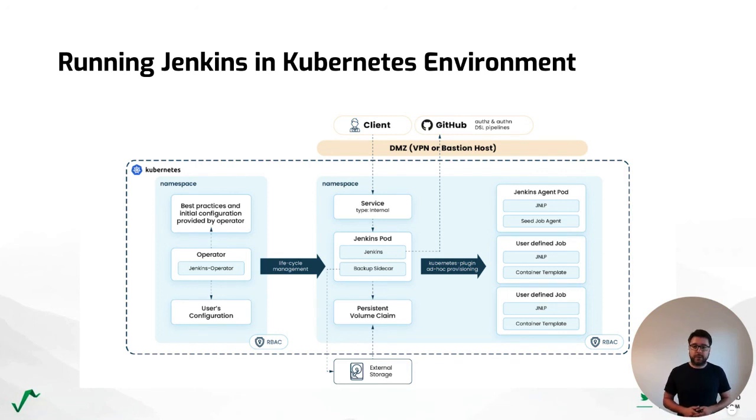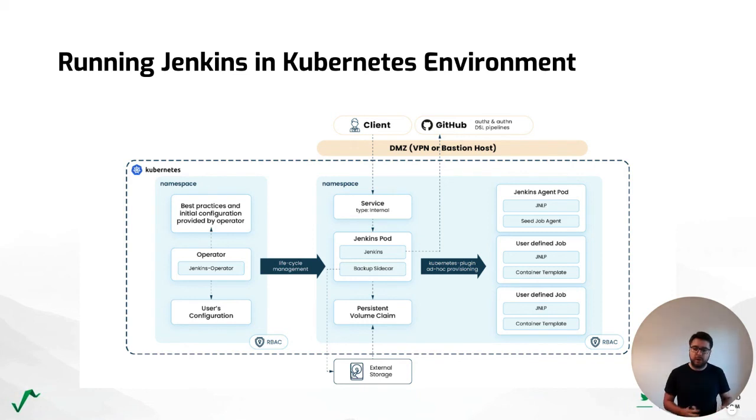And Kubernetes plugin takes care of ad hoc provisioning of Jenkins jobs. It's worth to take a look at the agent on top, which is a kind of specific agent called seed job agent. This agent is responsible for running any system processes like executing Groovy scripts, configuration as code, some other, installing plugins.